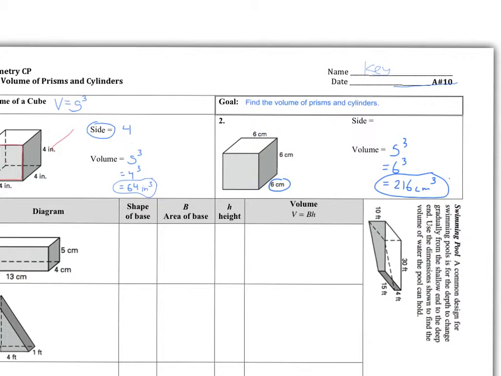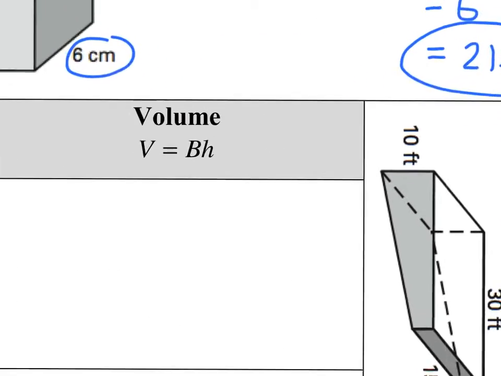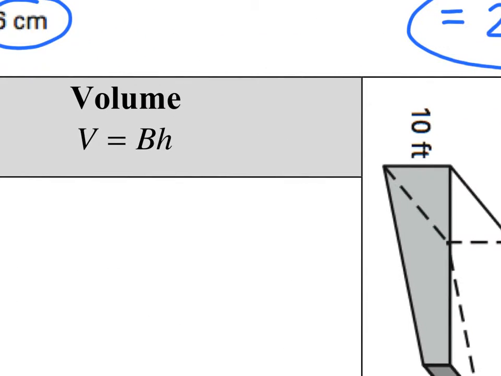Now, volume has a much simpler equation than surface area. Surface area was this plus this plus this plus this. We added all these things together to come up with 2B plus Ph or something like that. Volume is a lot more simple. Pretty much volume is just the area of your base times your height. So remember that capital B, for a prism, means area of the base.